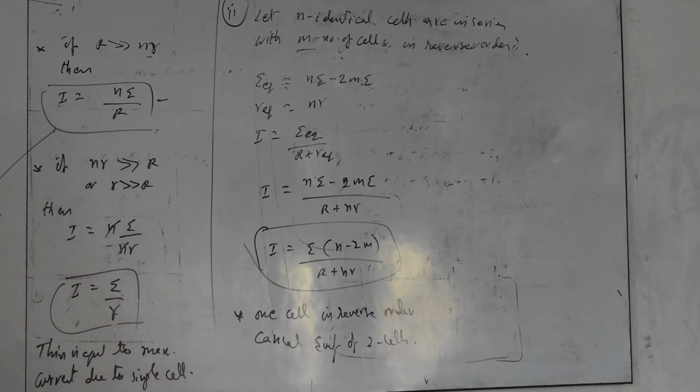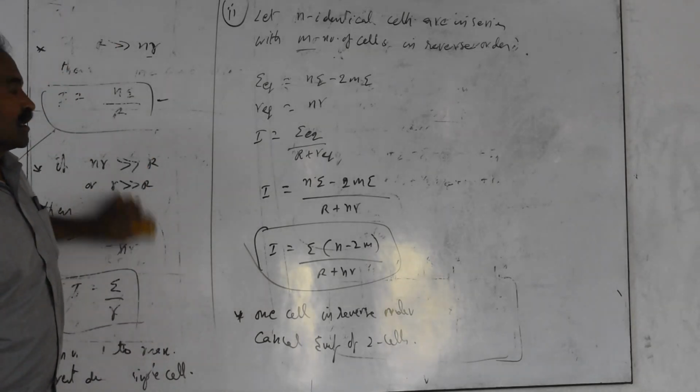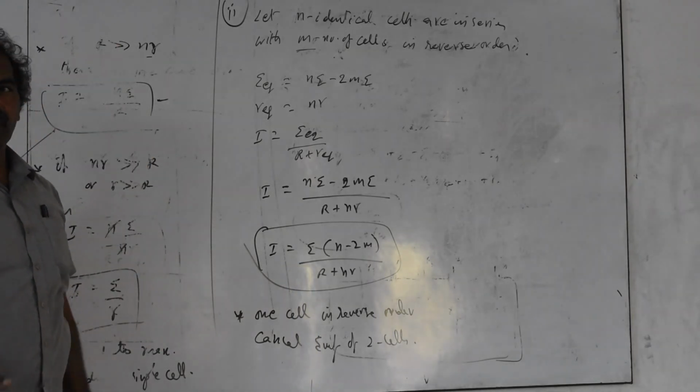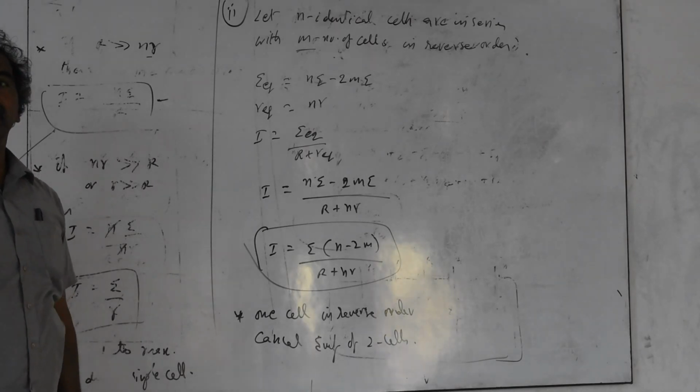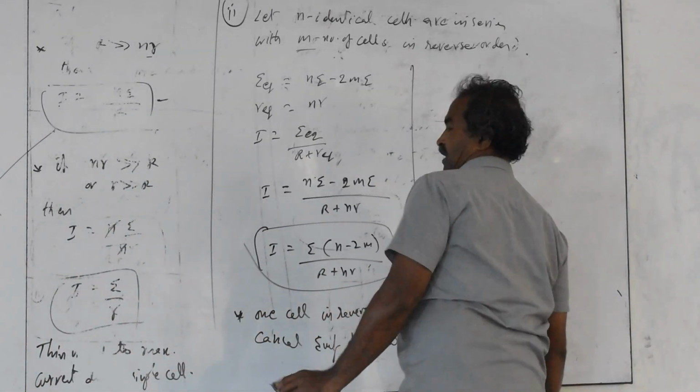Diagram not required. And the point you have to note: maximum power transfer from the cells to the circuit is possible when internal resistance is equal to external resistance. That is the point you have to note.